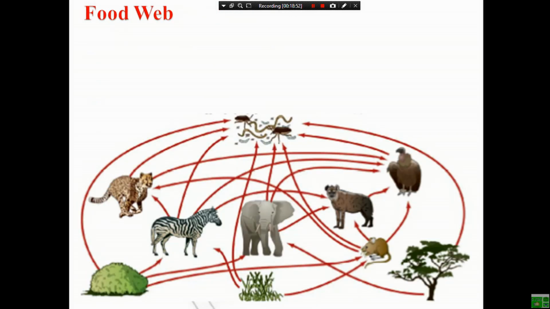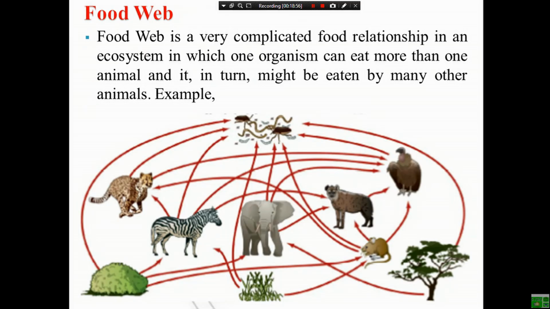The next type of food relationship is the food web, which is a very complicated and complex type of food relationship in an ecosystem. One organism can eat more than one animal, and in turn might be eaten by many other animals.